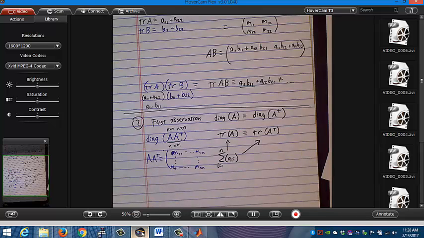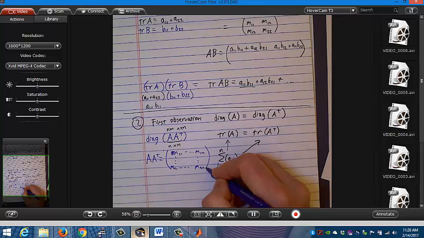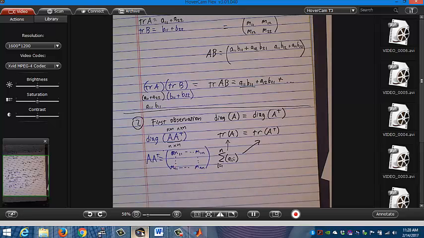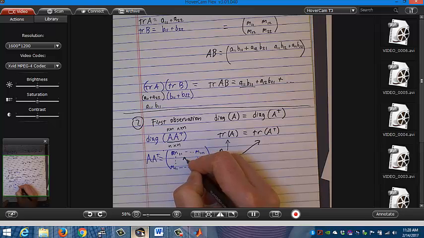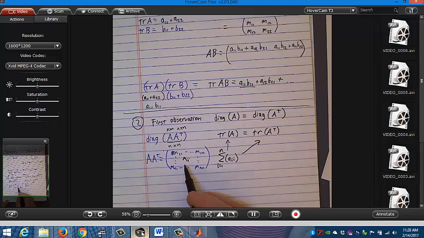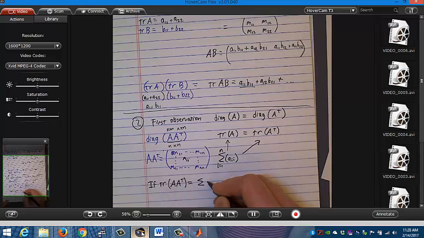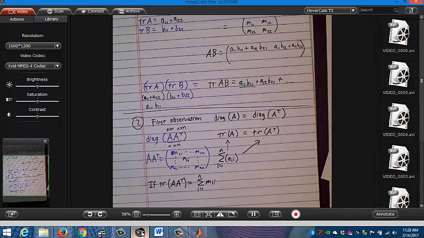And remember, somewhere in the middle here is MII. So I could say the trace of A transpose is equal to the sum of the MIIs, i equals 1 to n, right? Does that make sense to you guys? What I really want to figure out now is what do the MIIs look like?